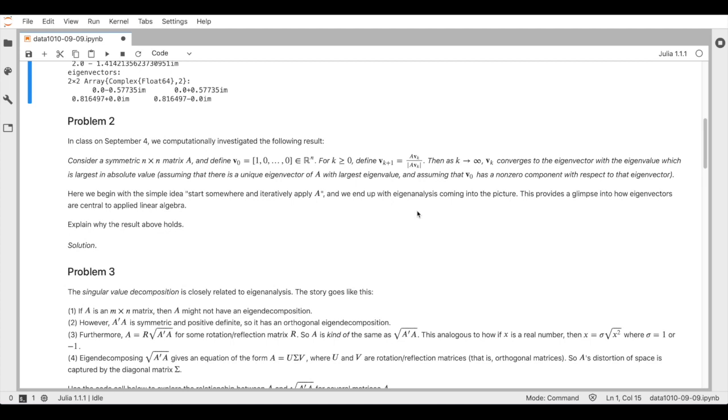But basically the idea is just repeatedly apply A, and then see where that vector goes. So what is the ultimate direction that you're converging towards as you repeatedly apply A? And the punchline is that the direction is that of the eigenvector with the largest eigenvalue. So let's take a look at how that works.